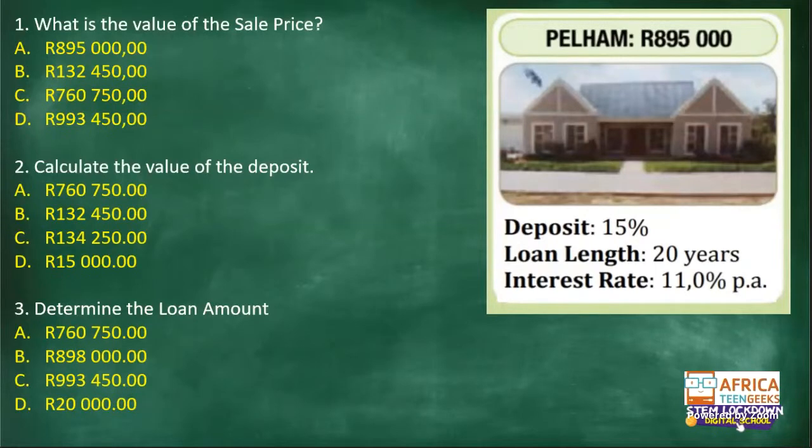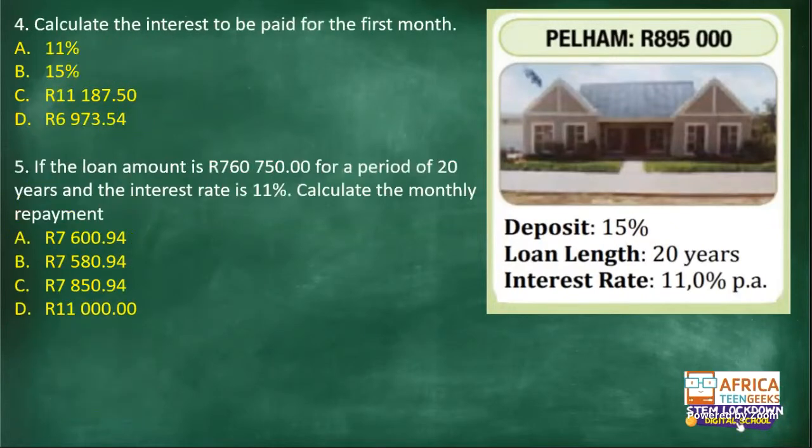It should give you a simple answer, which should be 6,973 rands and 54 cents. That will be the interest that you will pay on a monthly basis.